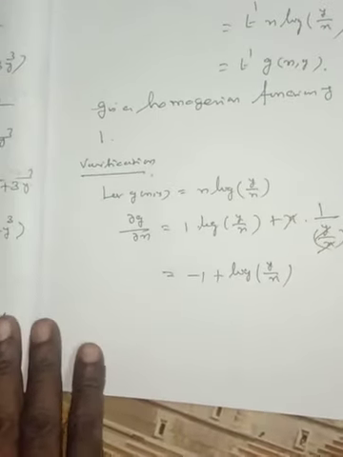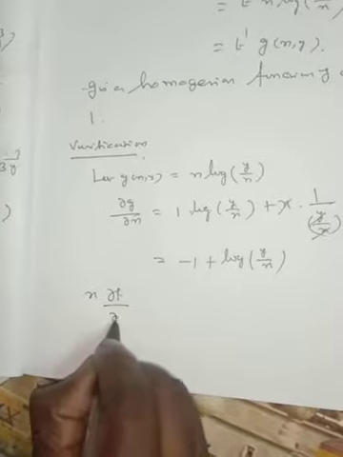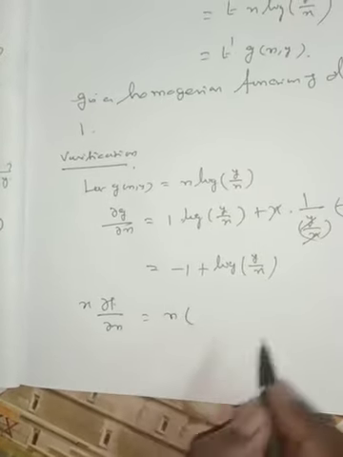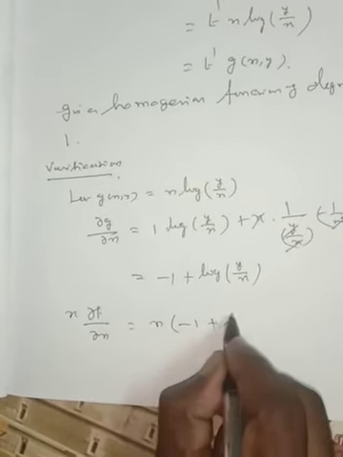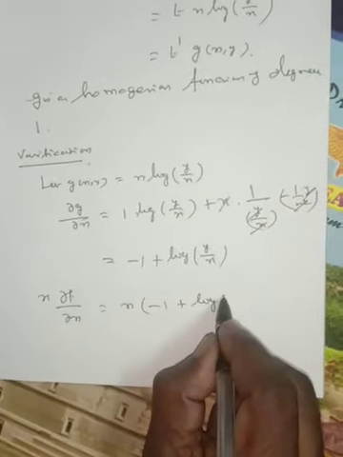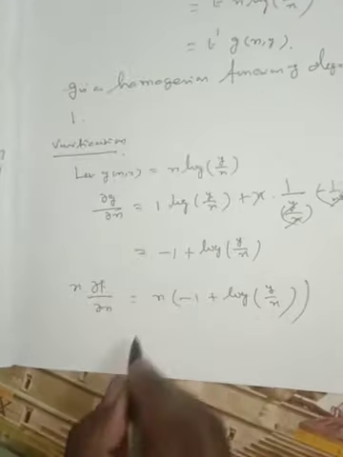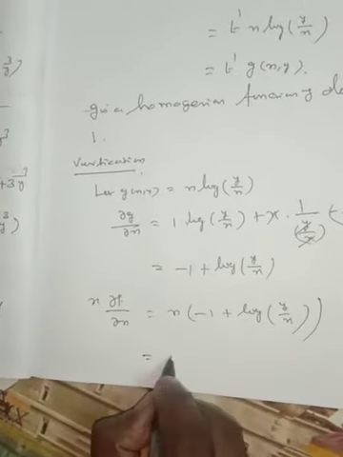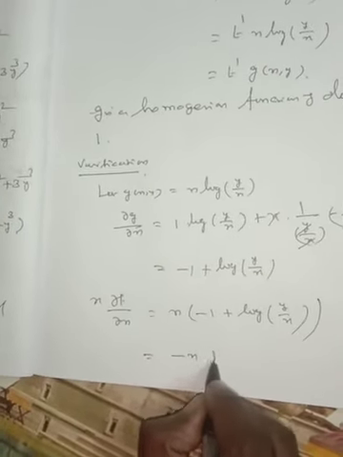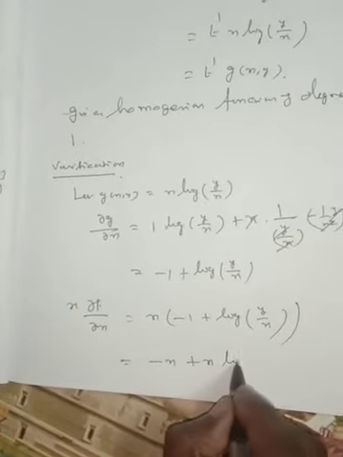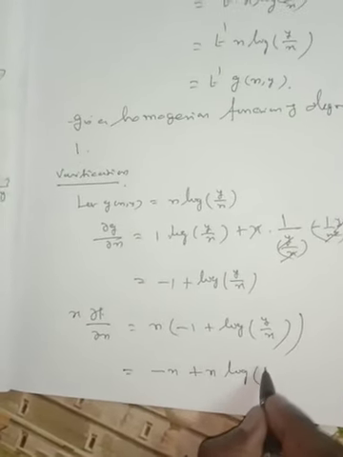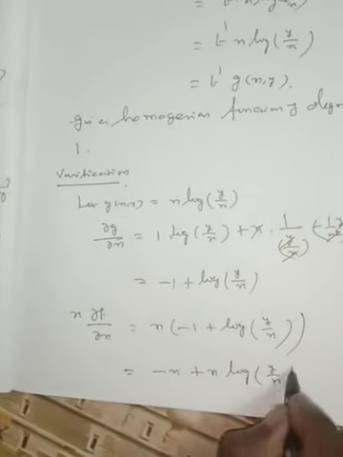Then x dou g by dou x is equal to x into minus 1 plus log of y by x, which is minus x plus x into log of y by x.